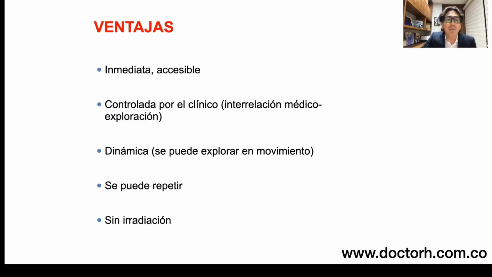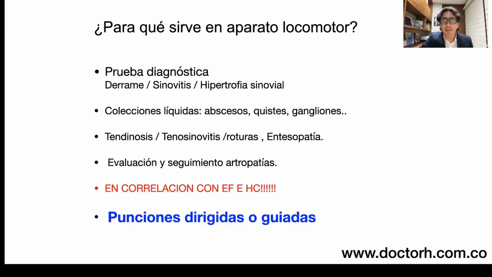Listing the advantages. Everything so far are advantages. Besides being accessible, we can carry it in our pocket with ultrasound devices. It can be immediately correlated with the physical exam, or performed bilaterally and dynamically. It can be repeated as many times as I need without any radiation.